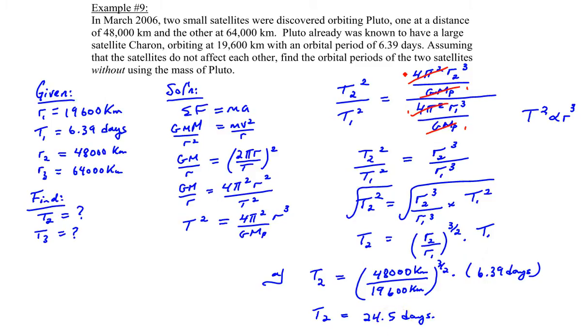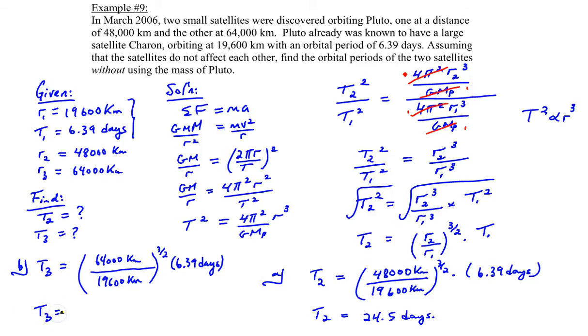And now let's move down to do part B over here. T3 would be a similar expression, except we're going to write T3 over T1, always comparing to the known satellite that we're given. So T3 would be comparing its radius of orbit, 64,000 kilometers, to Charon's radius of orbit of 19,600 kilometers, and this is to the power of 3/2, multiplied by the period for Charon, and that is 6.39 days.